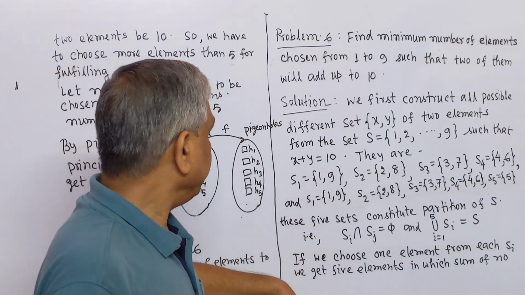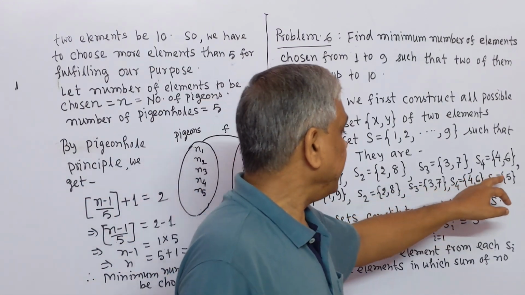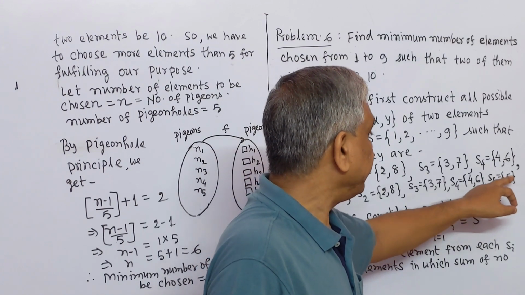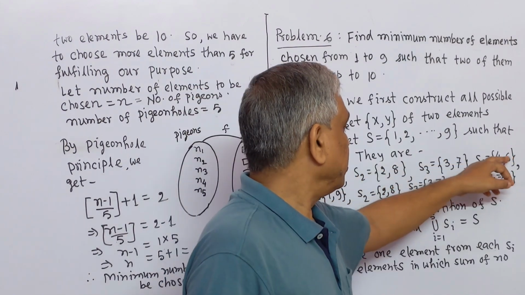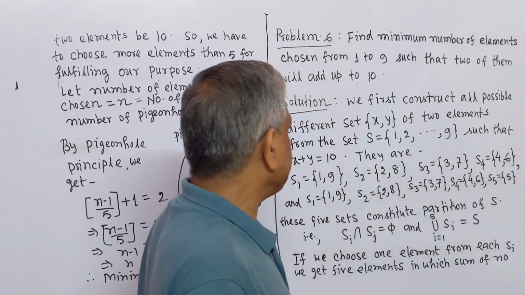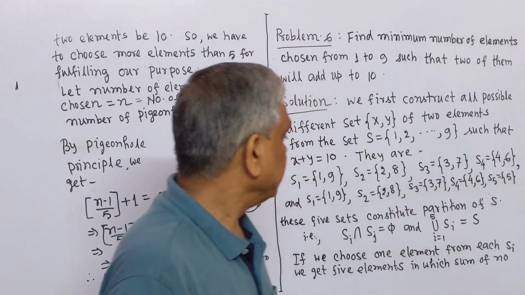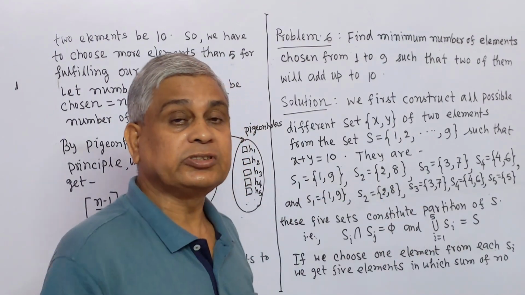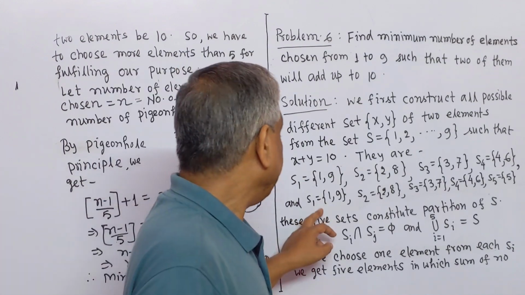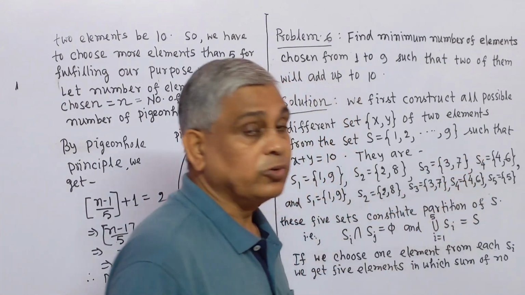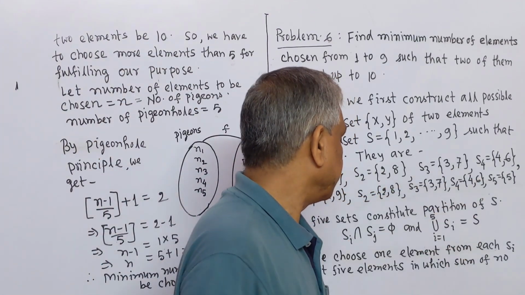And again we repeat these sets from S1 to S4 and we get another set S5 which contains single element 5, because in these sets we do not get 5 as an element. So here we get 5 sets. These 5 sets constitute partition of the set S. Partition means intersection of any two sets is empty and union of all sets equal to S.